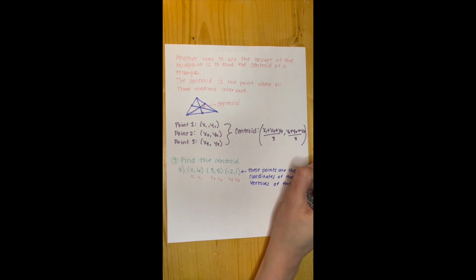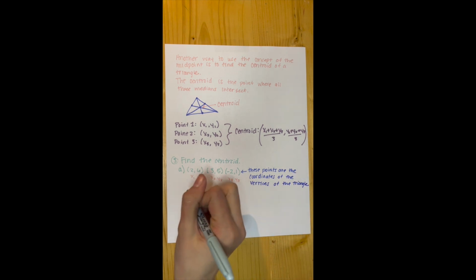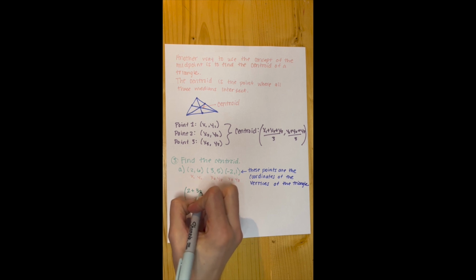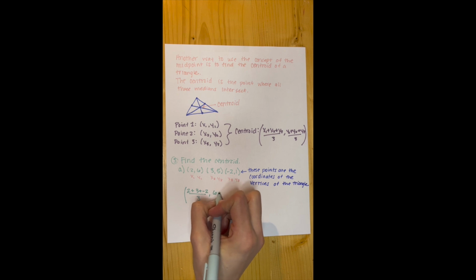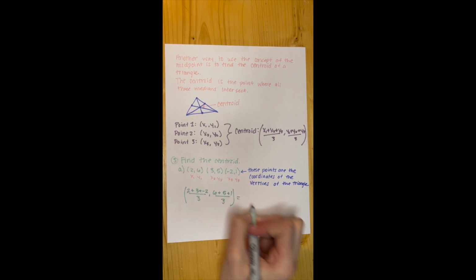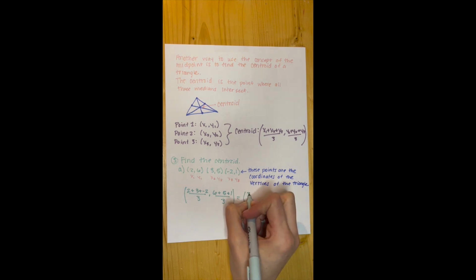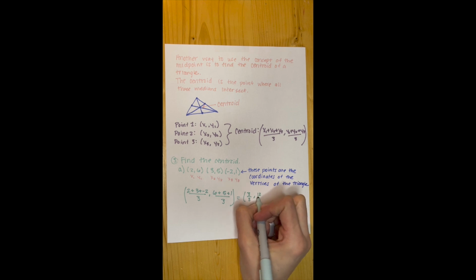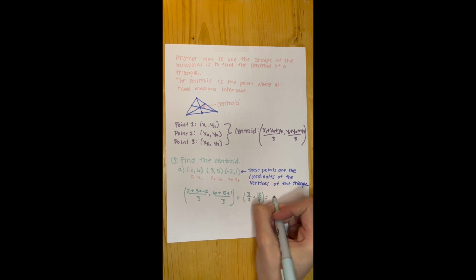So if we're looking at that triangle picture up above, these would be the 3 vertices on that. So to find the centroid, we're going to add all the x values and divide by 3, add the y values and divide by 3. And when we do that, we end up with the point 3, 3, 12, 3, which reduces to 1, 4.